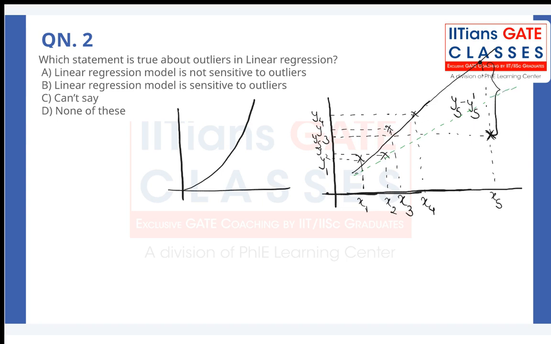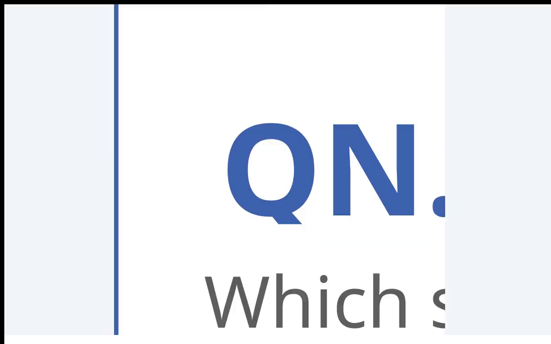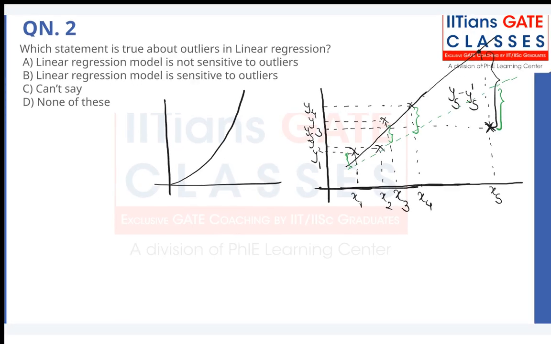In that way, this residual and all the other residuals will become minimal. So just because of the presence of an outlier, a data point that is very off from the true relationship of the data, you will face an issue. And that is why the linear regression model is very, very sensitive to outliers.